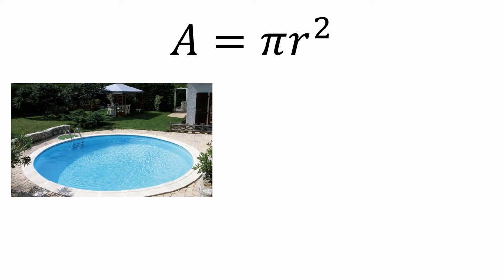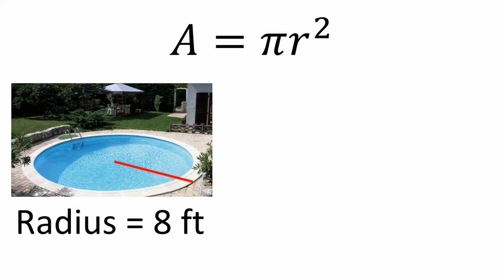It's always going to be 3.14. Doesn't matter what size circle, how big or small, it's always going to be 3.14. So the only piece of information missing is the radius. So I've gone ahead and included that. Let's say the radius of this pool is 8 feet. Okay. Oh, by the way, that would make the diameter how long?